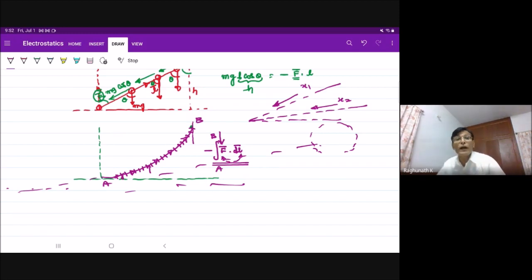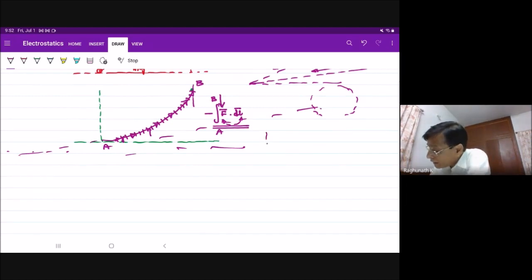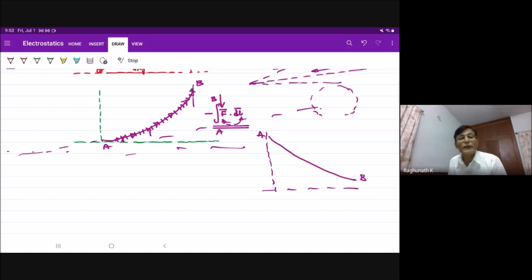The same F bar dot dL bar, last point. If I say the path taken is this from A to B, should I get a positive answer in the Earth's gravitational field? If I take it in this particular path, the change in the potential should be negative, because you need not do any work.